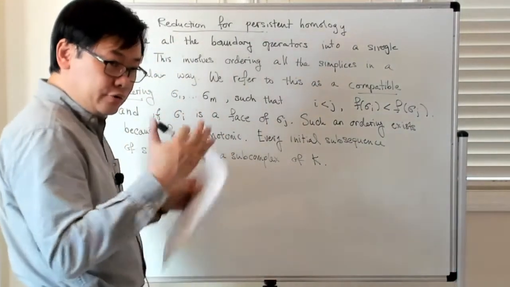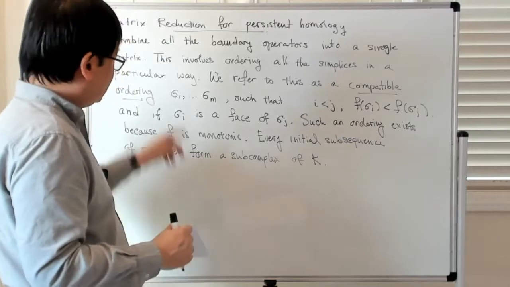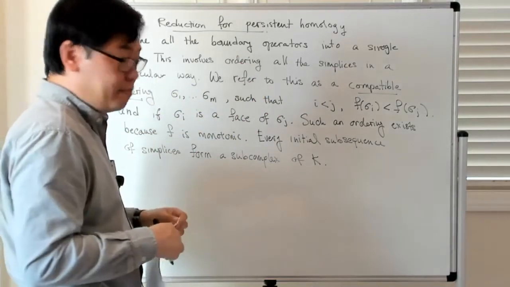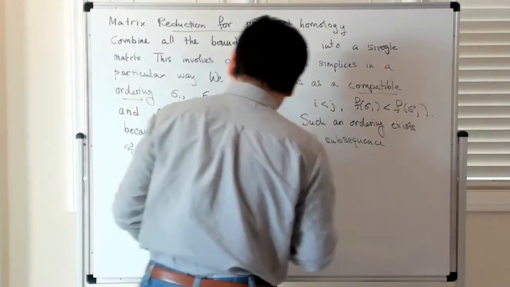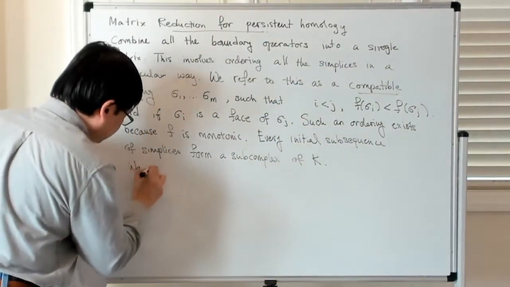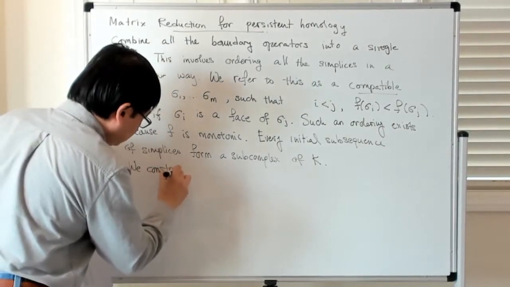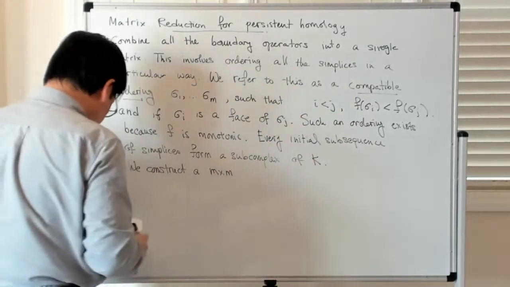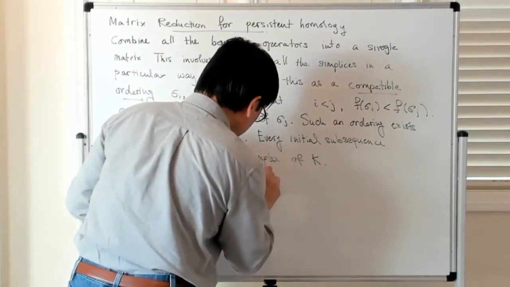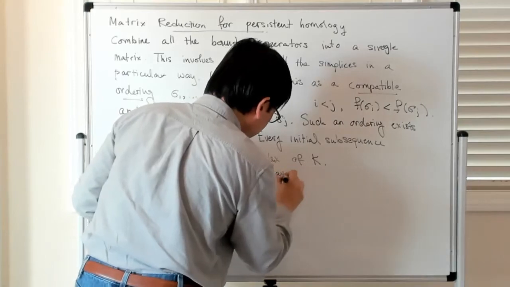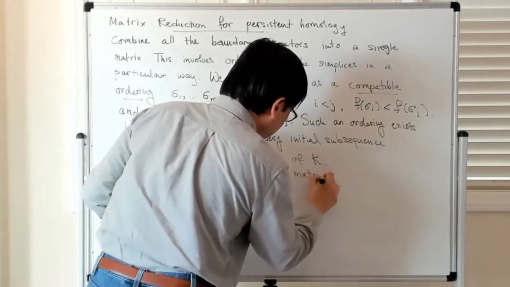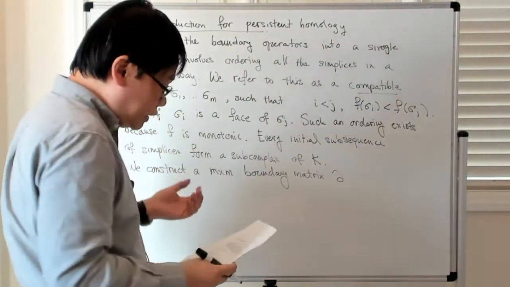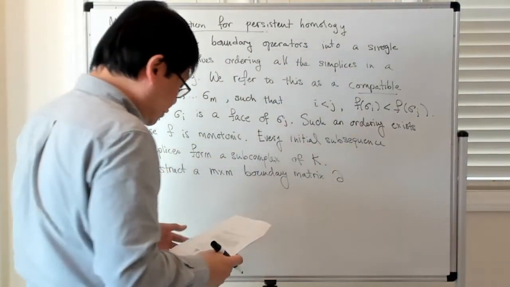The boundary operator associated with this enumeration of the simplices is then an m by m matrix. So we construct an m by m boundary matrix, let's say boundary, which stores all the simplices of all dimensions in one place.